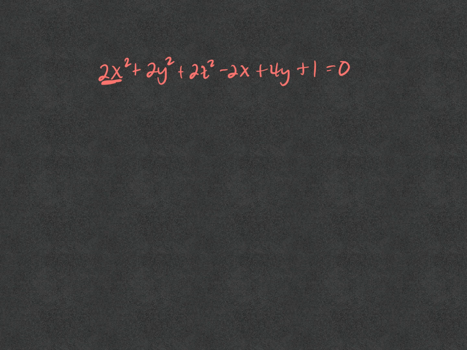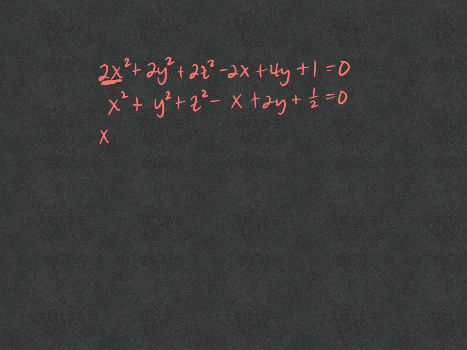So we're going to divide everything in the whole problem by 2 so that we have a leading coefficient of 1. So we have x squared plus y squared plus z squared minus x plus 2y plus 1/2 equals 0. I had to pause and make sure I copied the problem correctly.